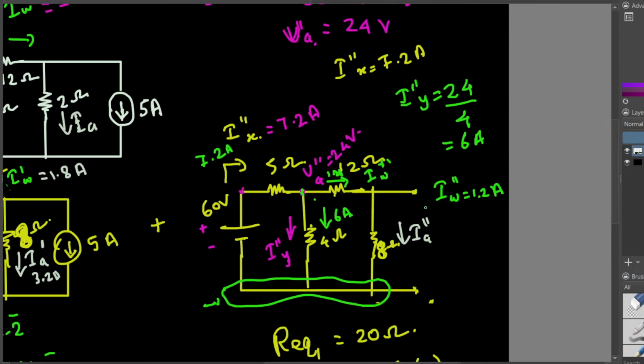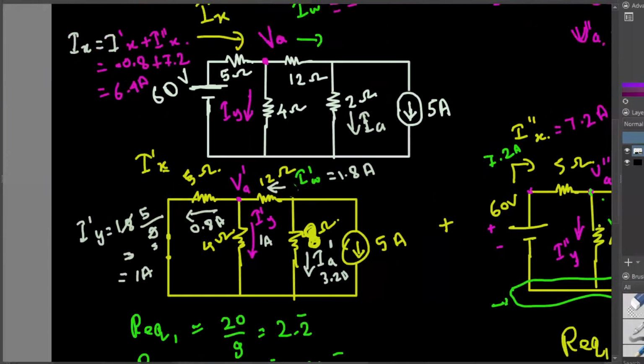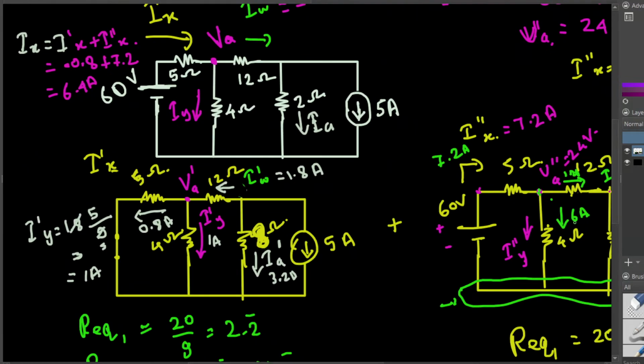IA double prime we didn't calculate, but here you can see this is 1.2 ampere. This node is not going anywhere, so whatever current is entering this must be the current here. So the IA double prime here is 1.2 ampere as well, in the same direction as this. So these two are going to add up. 1.2 ampere and then 3.2, that's going to be 4.4. So this one's total current is 4.4.